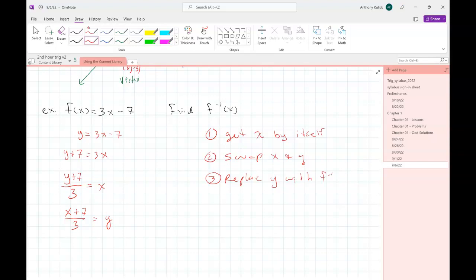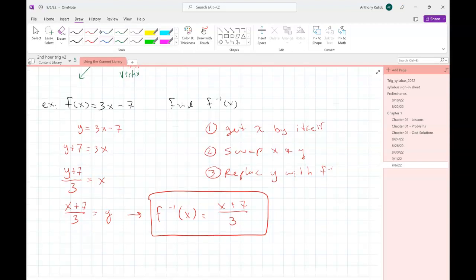And then the last step would be to replace the y with f inverse. So I claim that x plus 7 over 3 is the inverse to 3x minus 7.